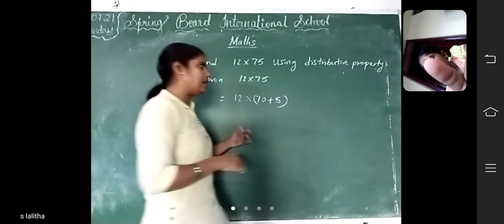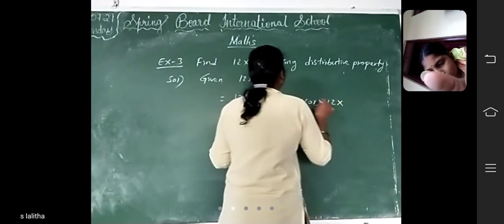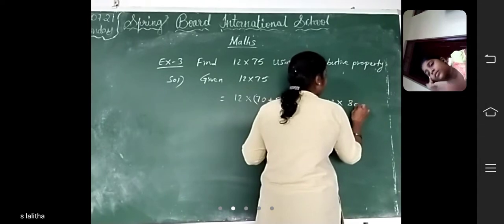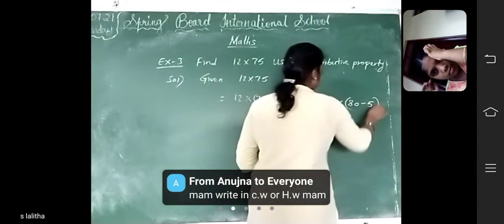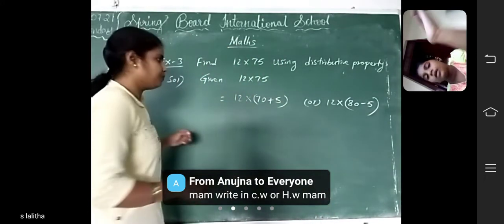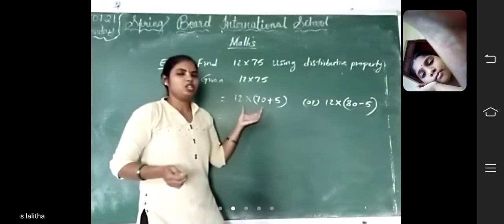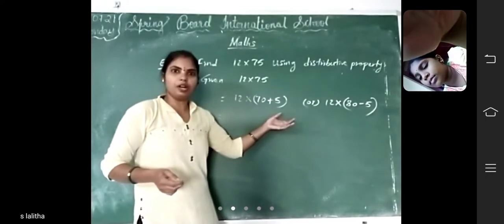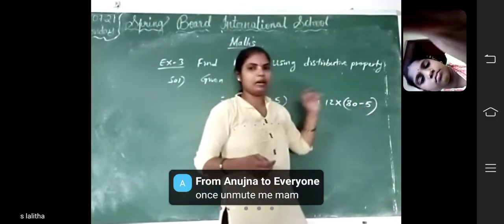Yes, we can write like that. Or 12 into 75 can be written as 80 minus 5. Can you write like that? Yes, you can write like that also. Which property is it? Distributive property. Multiplication over addition. Here multiplication over subtraction.